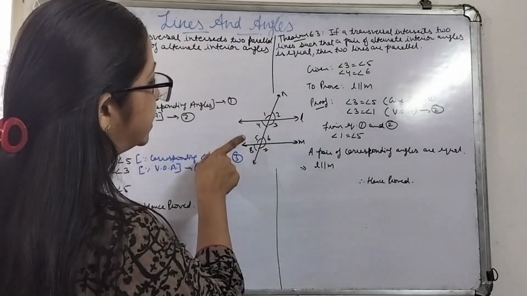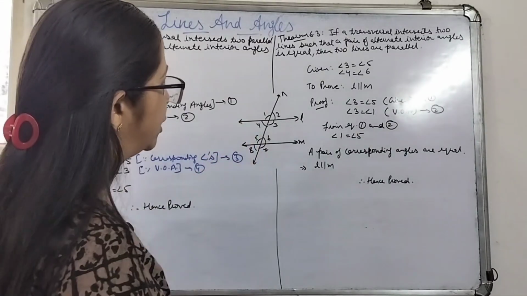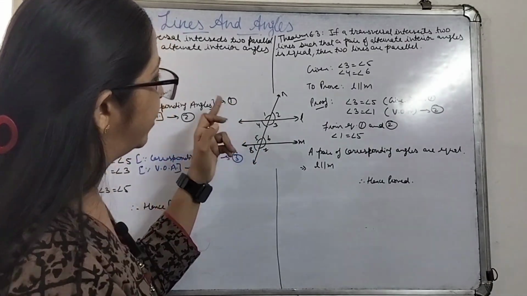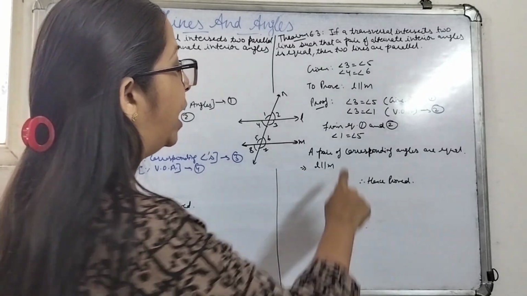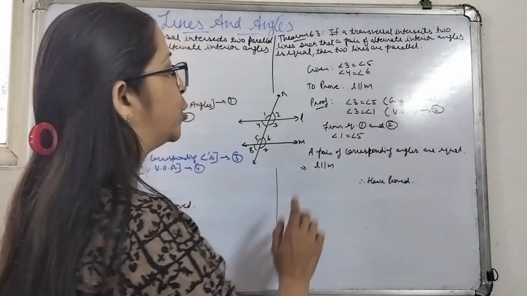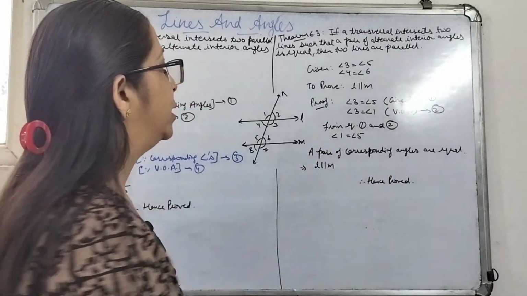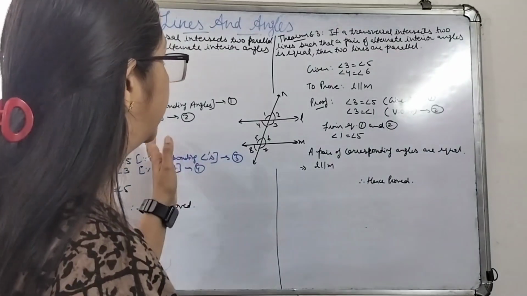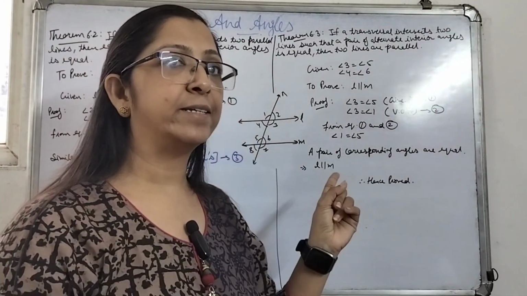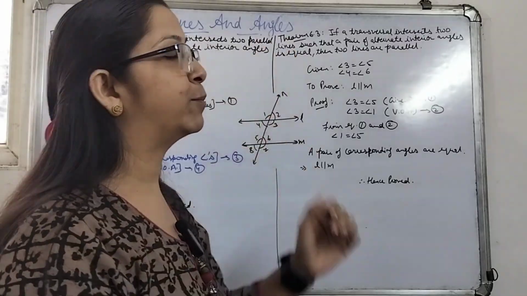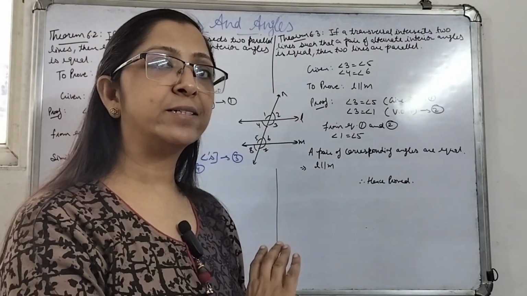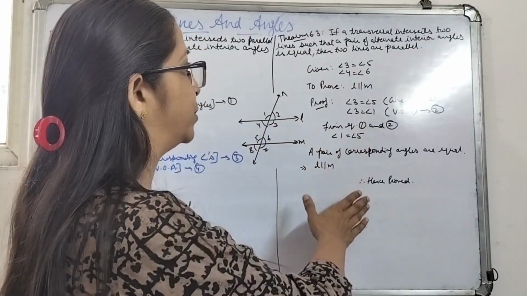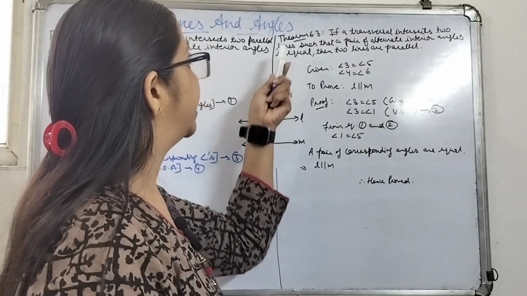Now if angle 1 is equivalent to angle 5, we can see over here that 1 and 5 are corresponding angles, and we know that if corresponding angles are equal, then lines are parallel. Whatever axioms we have already learned, we can use these axioms in proving these types of theorems. These axioms we directly take as statements, and using them we can prove these theorems.